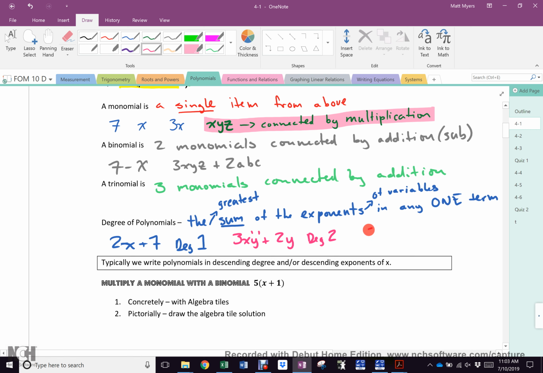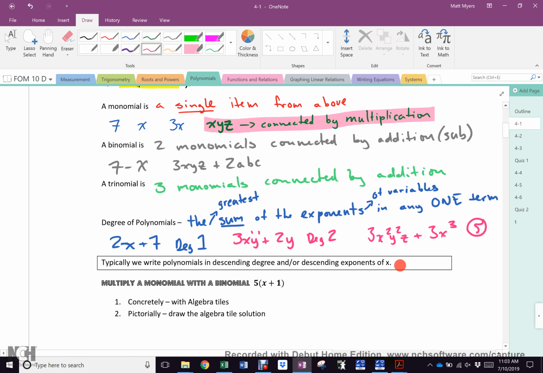So what if I gave you this? 3x squared y squared z plus 3x cubed. That's a 5th degree, because 2, 2, and 1 is 5. Even though this guy gets a 3 and it's the biggest exponent, these add up to a bigger number. Is everybody good? It is not important at all until your polynomials get huge later in math. Okay, I just want you to have seen it.